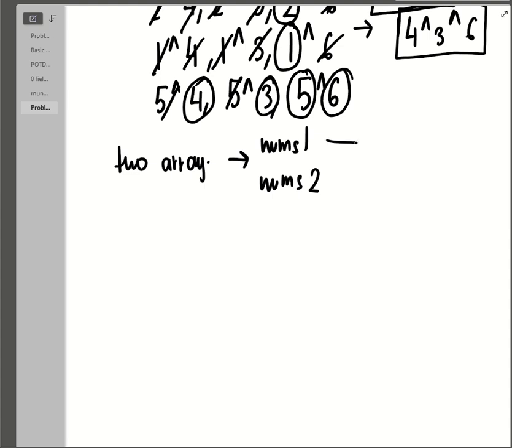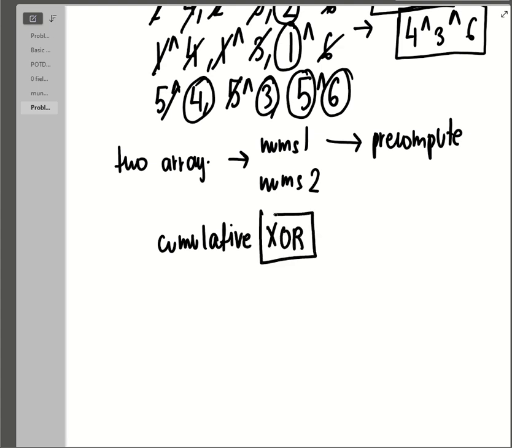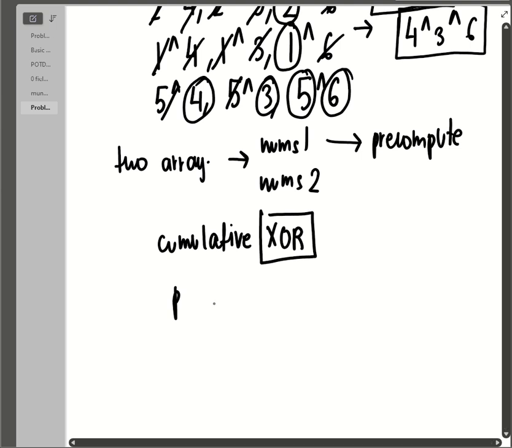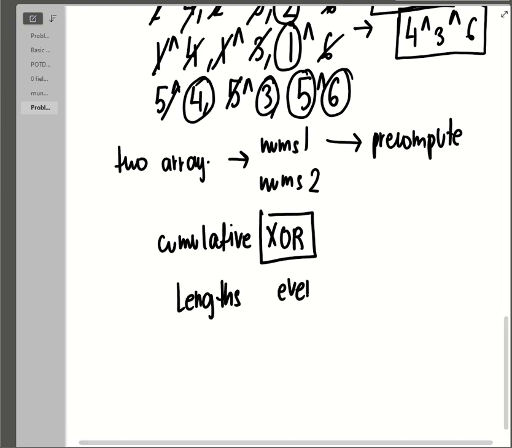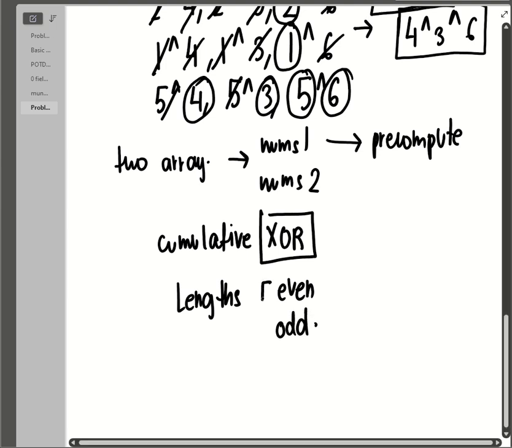So what we can do is pre-compute, just like we do prefix sum, the cumulative XOR of nums1 and nums2, and then based on the lengths, if they're even or odd, we can return whatever the suitable answer is.